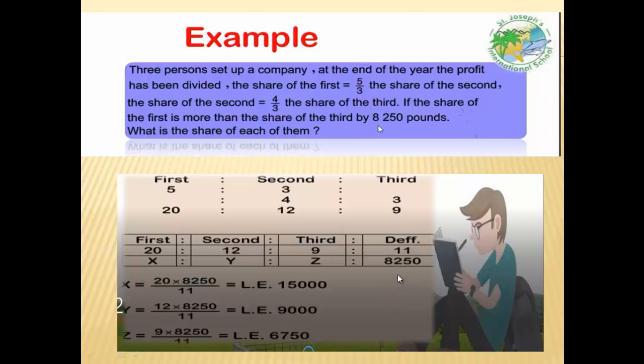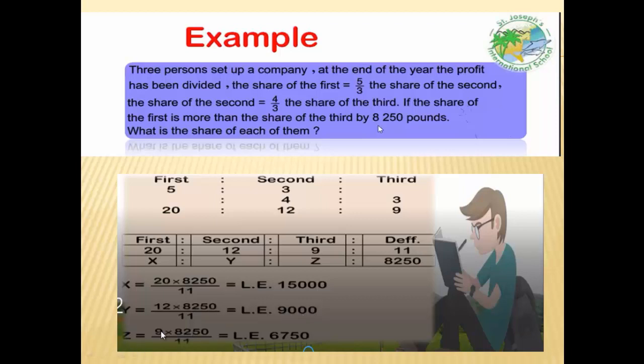Then we put 8,250 under 11. Okay, then X, if we want to find the first person, multiplication 20 times 8,250 over 11. Why? 12 times 8,250 over 11 equal 9,000.